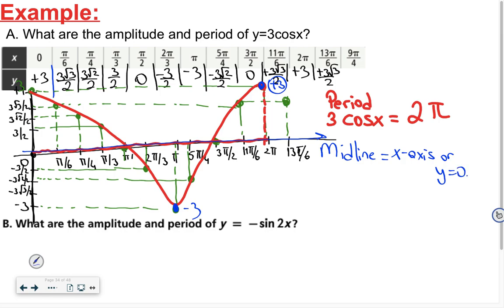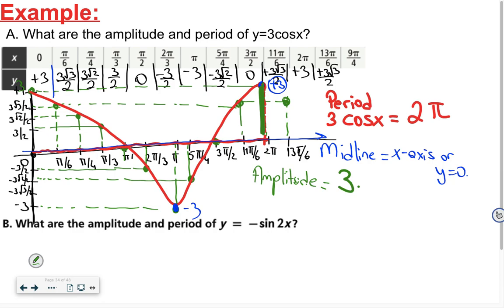So what is the thing that changed? Look at the amplitude. Amplitude is the distance between the midline and the maximum point. Look here, ladies and gentlemen. Your amplitude is 3. So the only thing which changed is the amplitude.